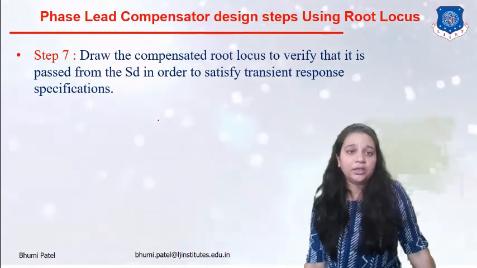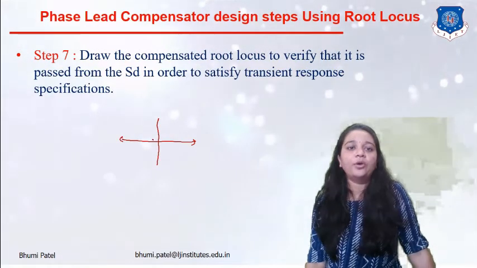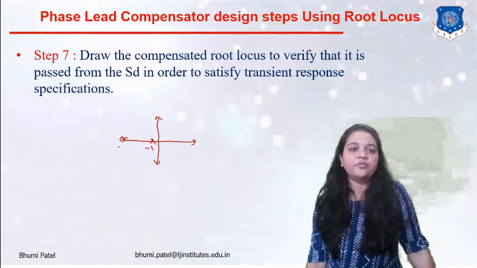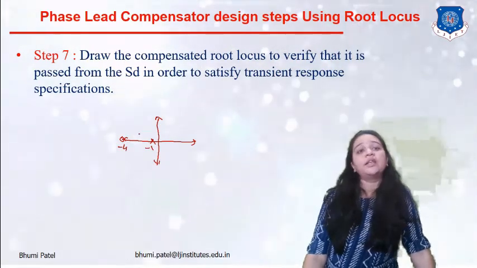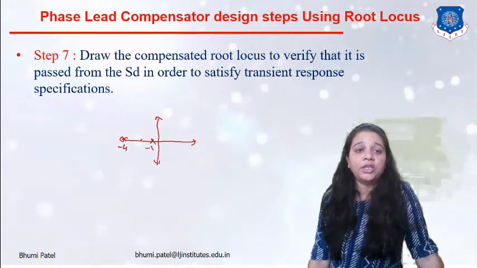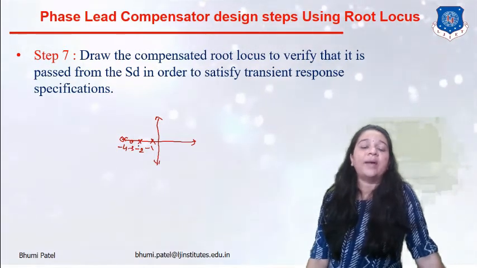So in the uncompensated root locus, suppose the pole locations are -1 and -4, and using the phase lag compensator we get a new pole and zero: the pole is -2 and the zero is -3.